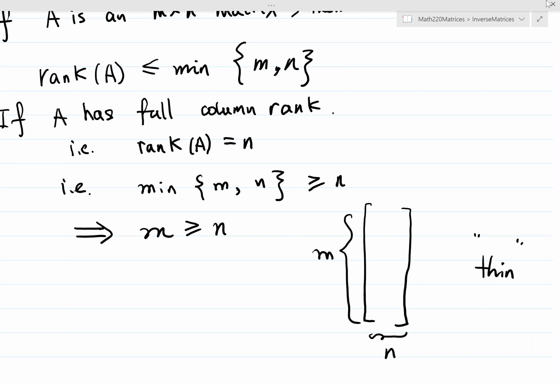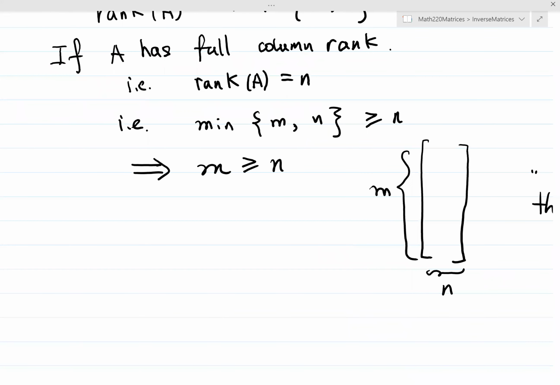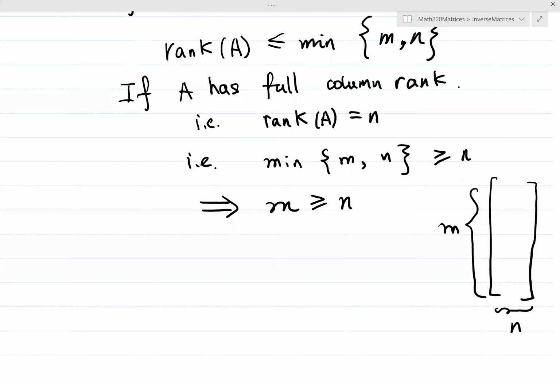Now suppose that A is a matrix with full column rank, then we can actually find n linearly independent row vectors. We can find n n-dimensional row vectors that are linearly independent. So you can determine the rank of A using column vectors, and you can also determine the rank of A by row vectors.